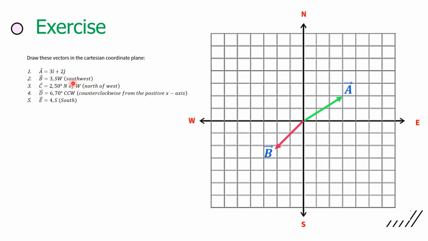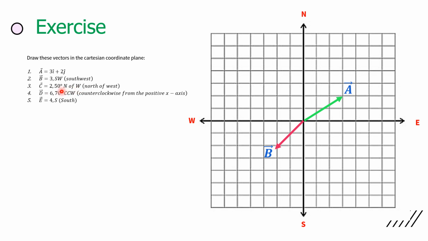Take note that when using northeast, northwest, southeast, and southwest, that means the vector is located midway between the axes. So for example, northeast, that means the vector is directed midway between the positive x-axis and the positive y-axis. And then vector C is 2 units, 50 degrees north of west.